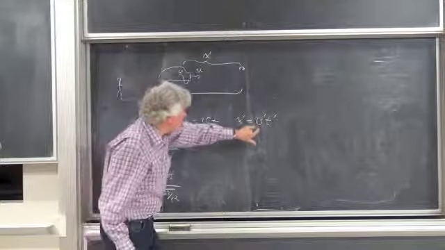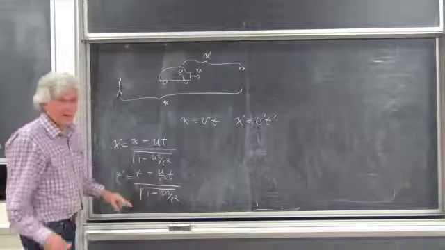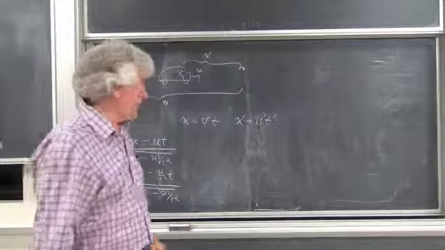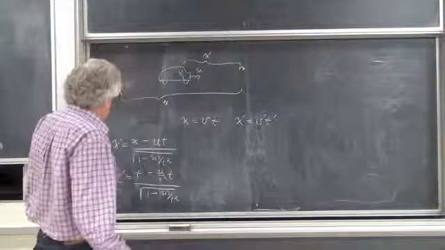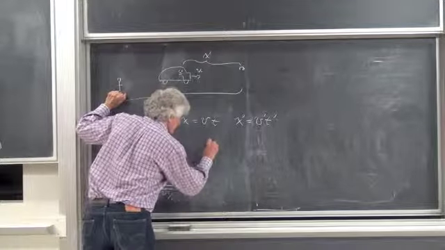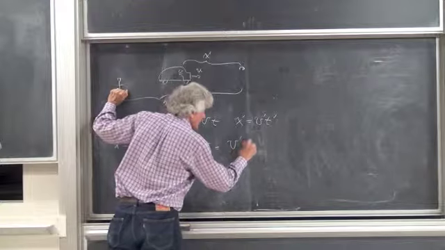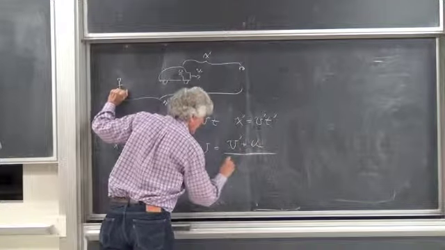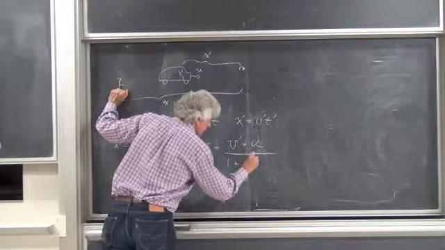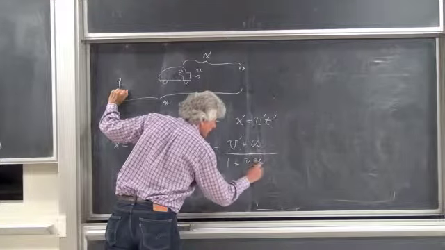One simply puts these two into this, and then after a bit of algebra, which I'm not going to carry out, you will find that v should be v prime plus u divided by 1 plus v prime u over c squared.